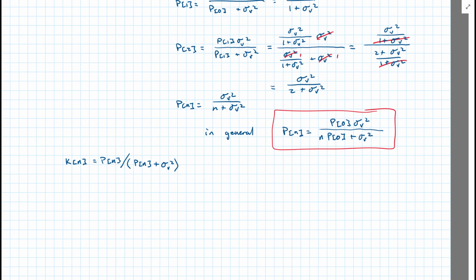We get something like that, and K now is going to be equal to P0 over n P0 plus sigma v squared.